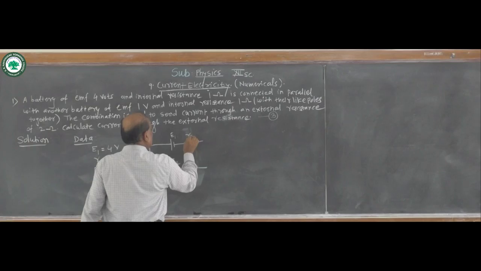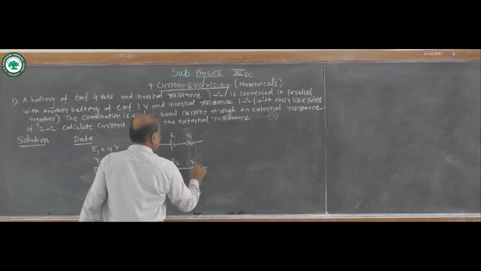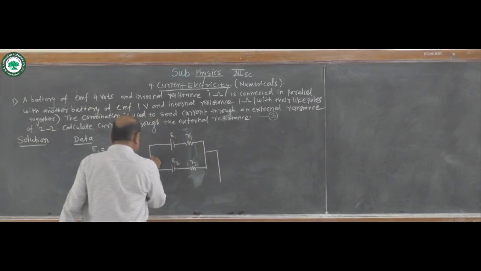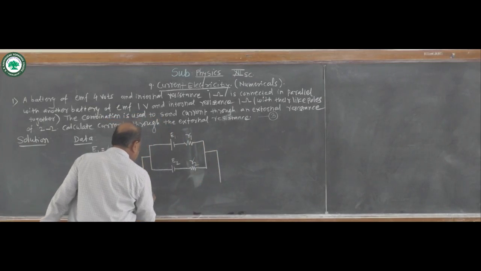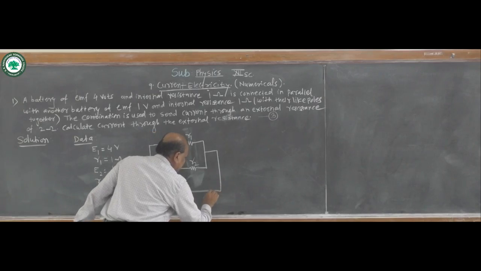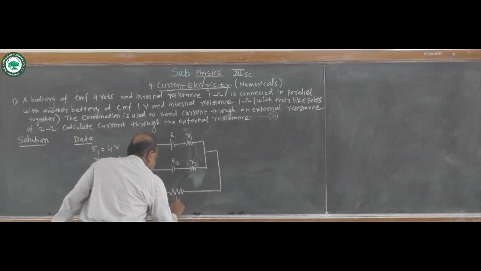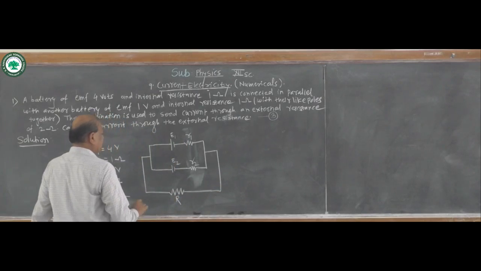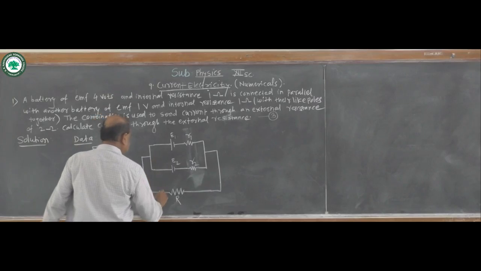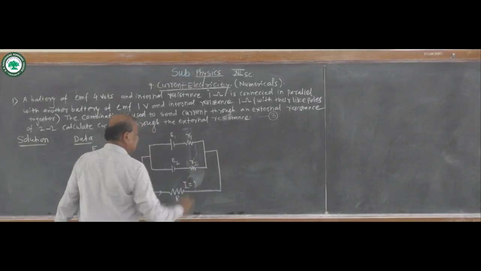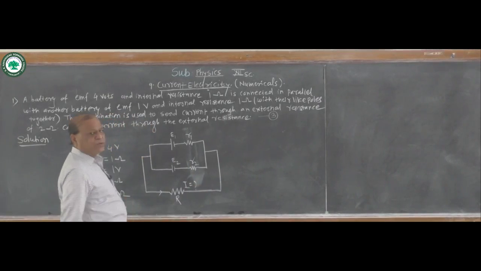This is R1 and this is R2. This parallel combination is here connected to an external resistance whose value R is equal to 2 ohm. And now we have to calculate the current flowing through this external resistance.